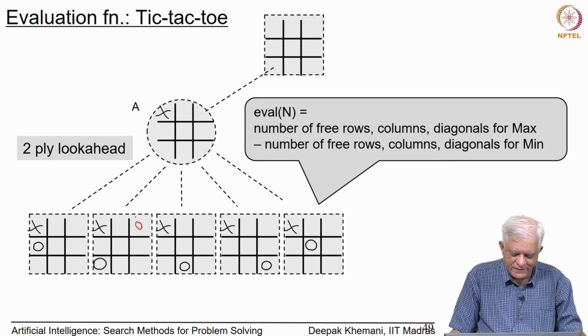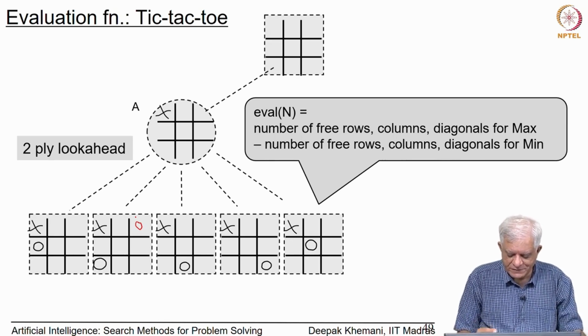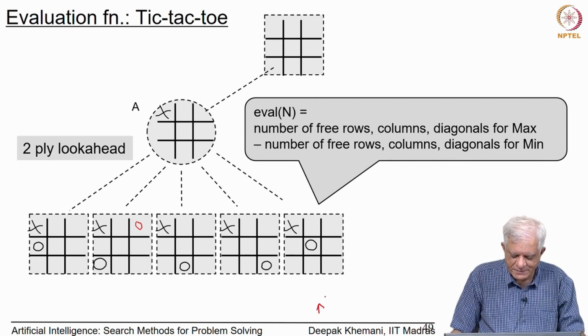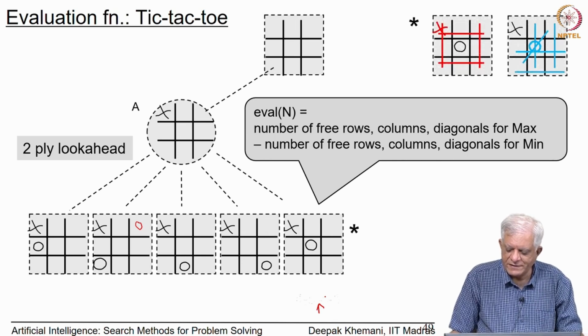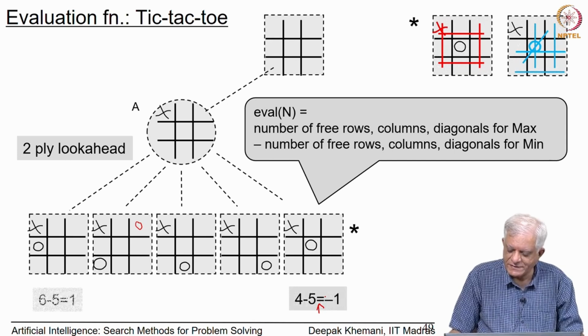So, let us look at a value for the last board position. In the last board position, max has played at the corner and min has played at the center. If you look at this board position based on the evaluation function that we have, these are the possibilities for the 2 players.